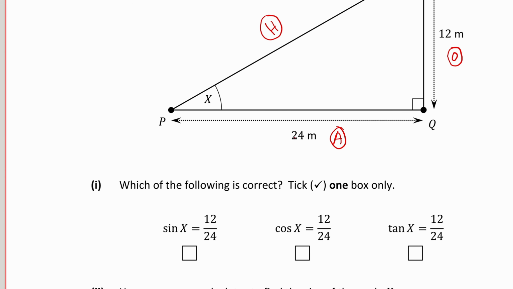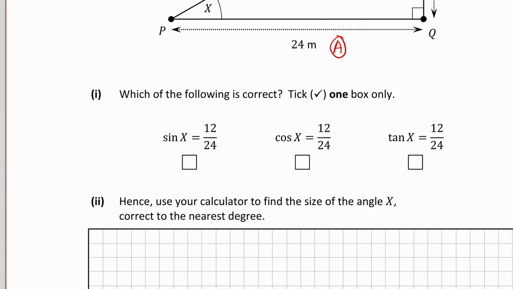From the choices, we have a ratio of 12 over 24.